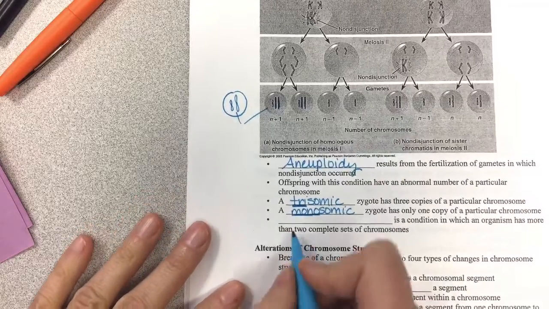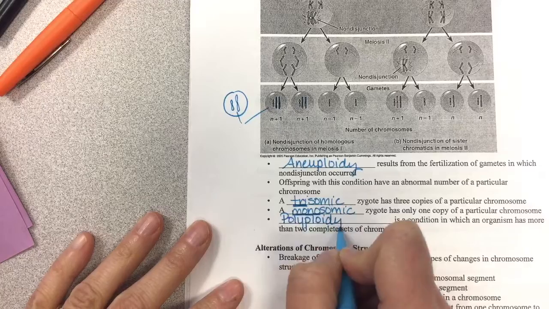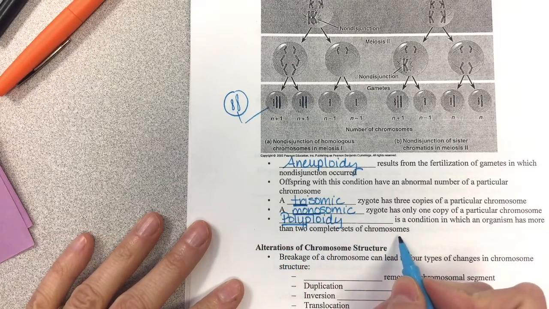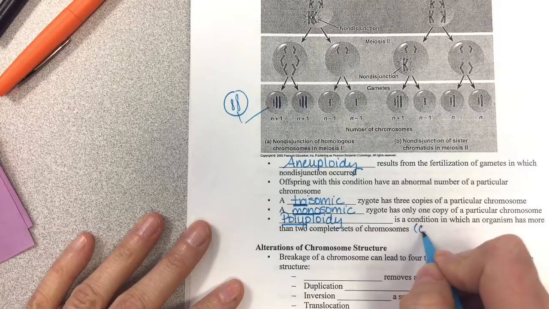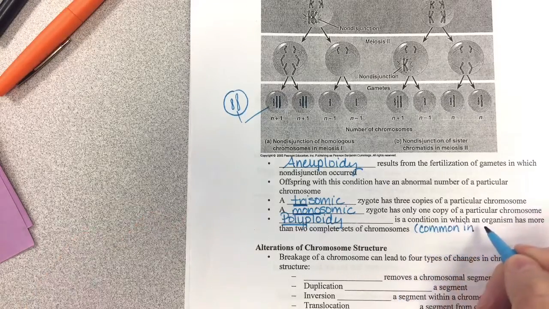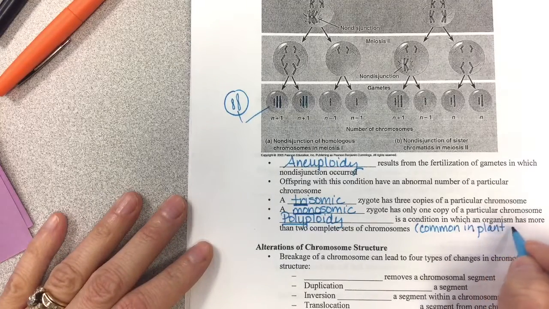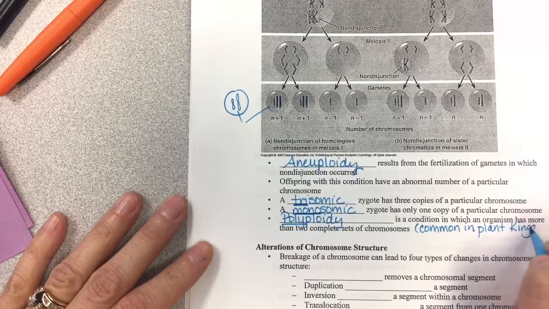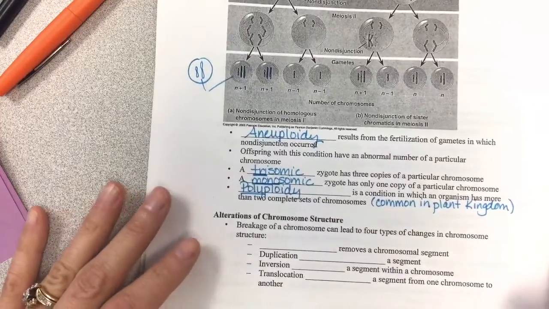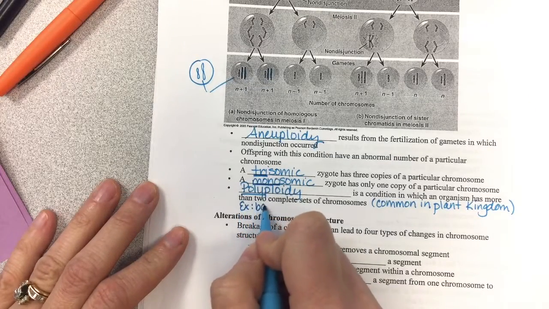And polyploidy, poly means many, is a condition in which an organism has more than 2 complete sets of chromosomes. So this is common in the plant kingdom. That means that they could have 3 of every kind of chromosome. Humans, if we had 3 of every kind of chromosome, the baby would not survive. So an example is bananas.